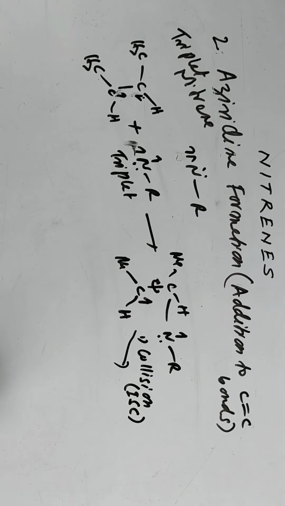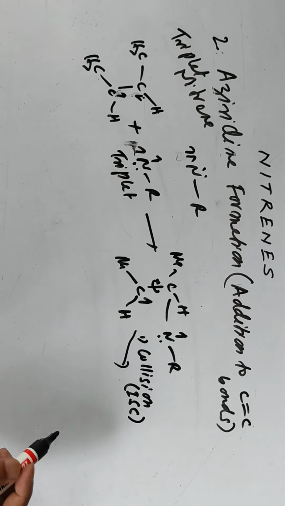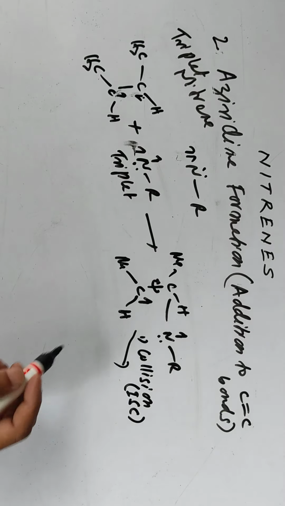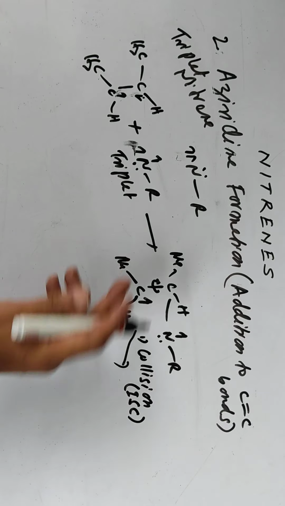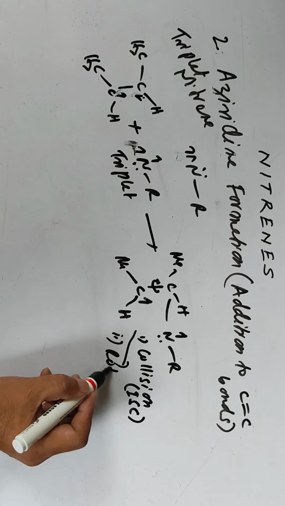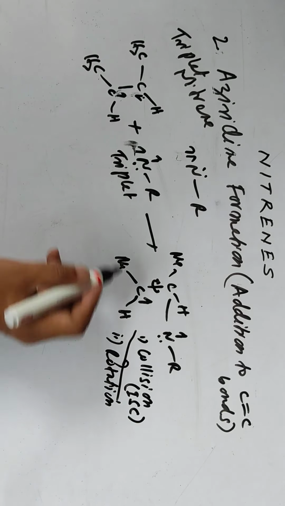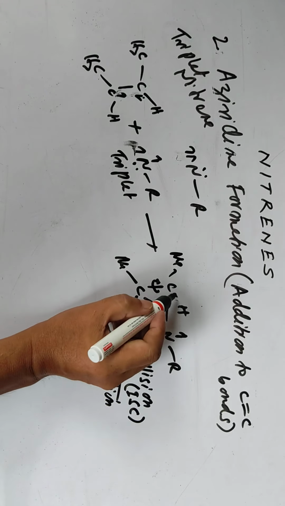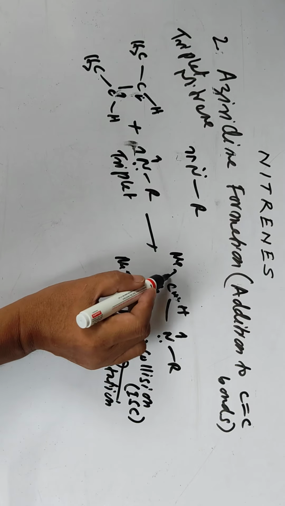So this intermediate can undergo collisions by intersystem crossing, followed by rotation of the bond. So first when this comes, you can write it this way, this dot dot dot is also dot dot dot.